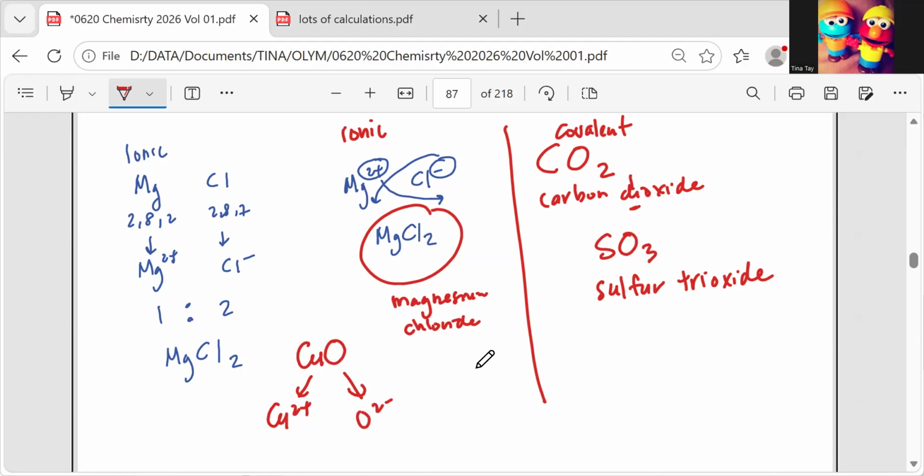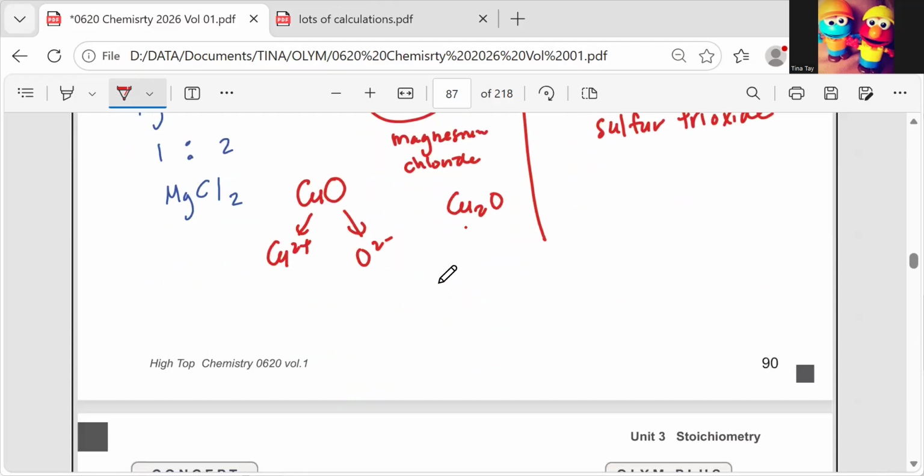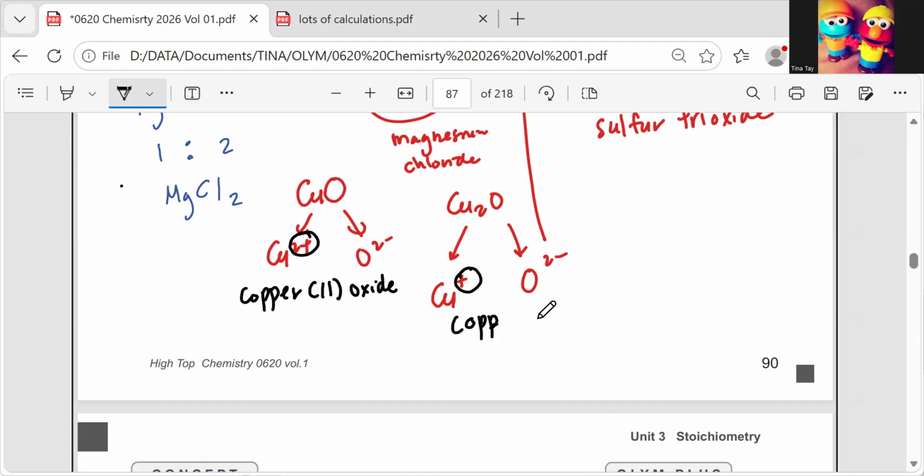It is not the same as Cu2O. In your brain, you must think, if it's Cu2O, that means this Cu is 1 positive and this O is 2 negative. Get it? Can you see? So therefore, because the Cu is 2 plus, this is called copper 2 oxide. And this one, because the Cu is 1 plus, is called copper 1 oxide.